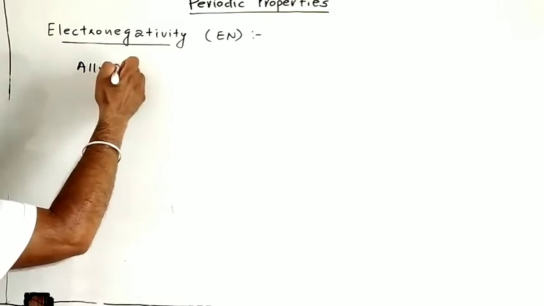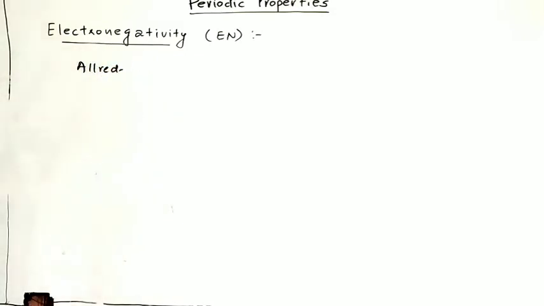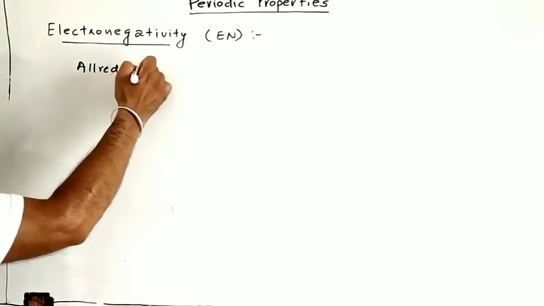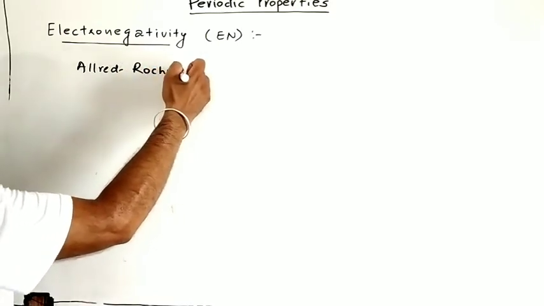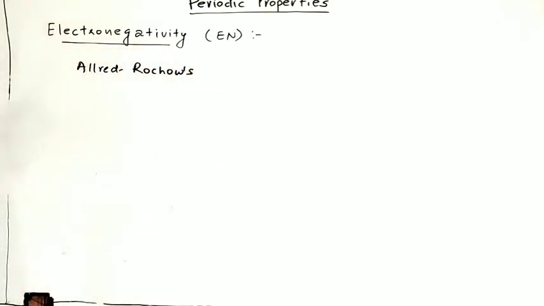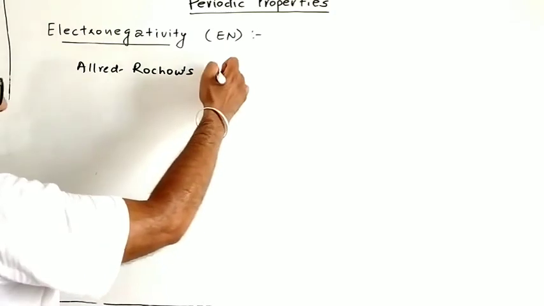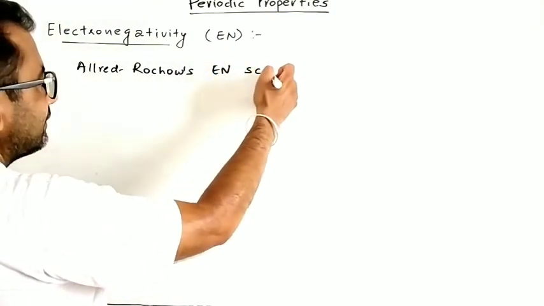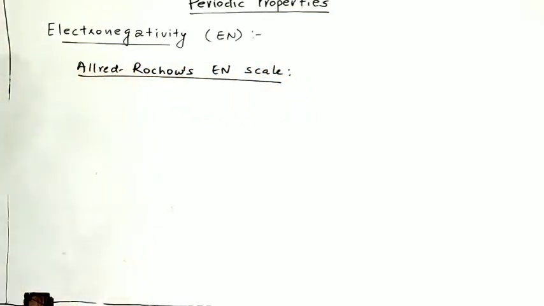Next is the Allred-Rochow electronegativity scale. This is another scale.